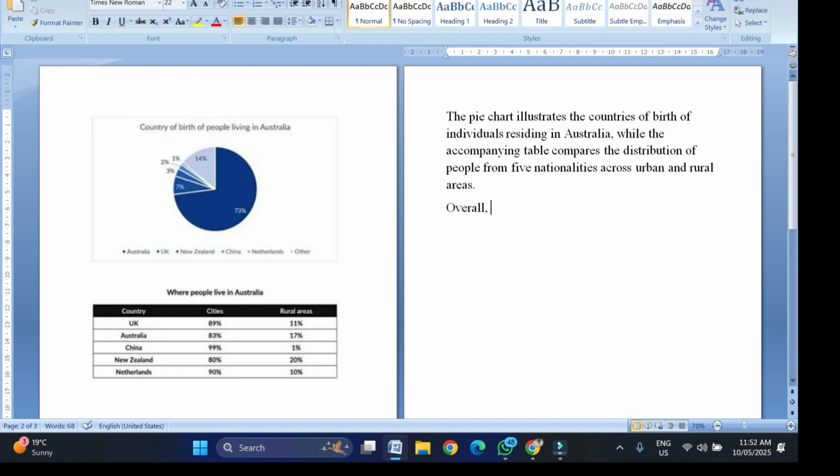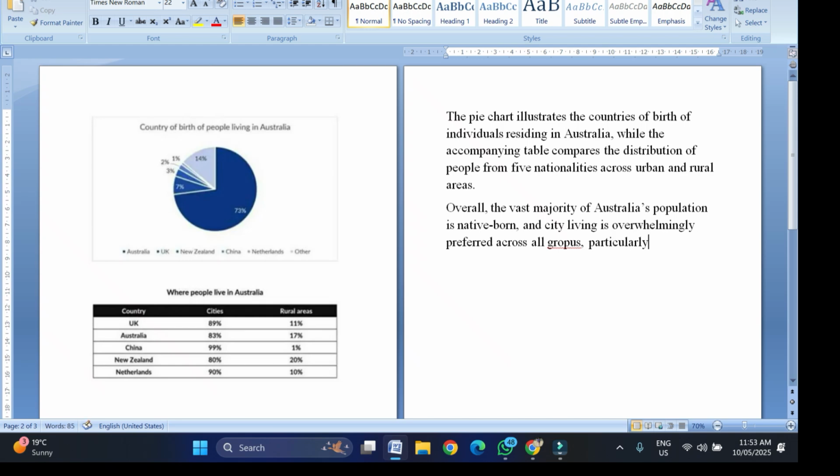So you can write the vast majority of Australia's population is native born and city living is overwhelmingly preferred across all groups, particularly among those born overseas.